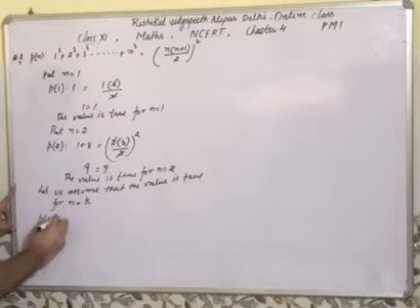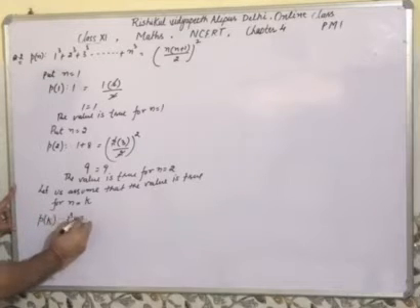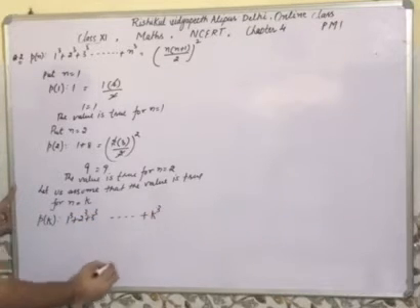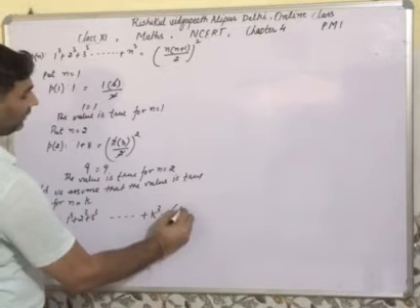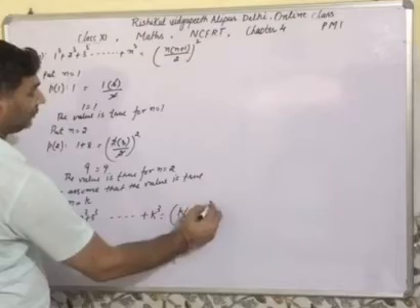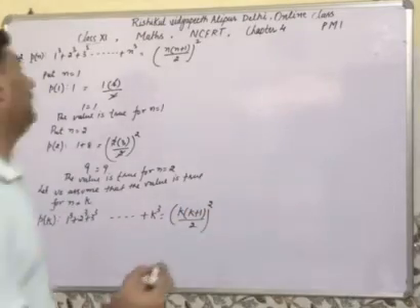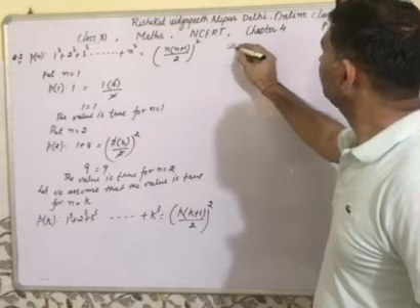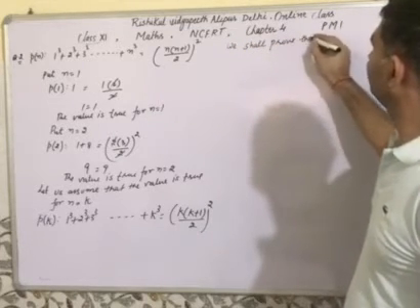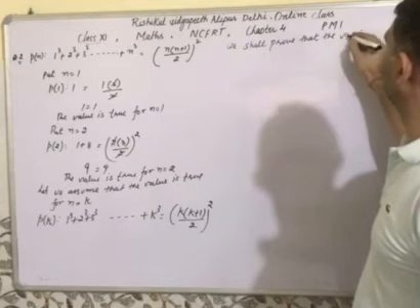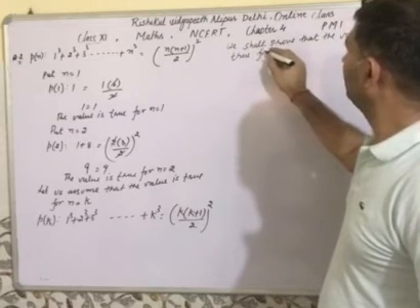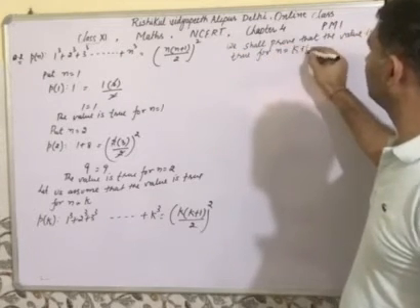Then p of k: 1 cube plus 2 cube plus 3 cube and so on up to k cube is equal to k into k plus 1 upon 2 and their square. We shall prove that the value is true for n is equal to k plus 1.